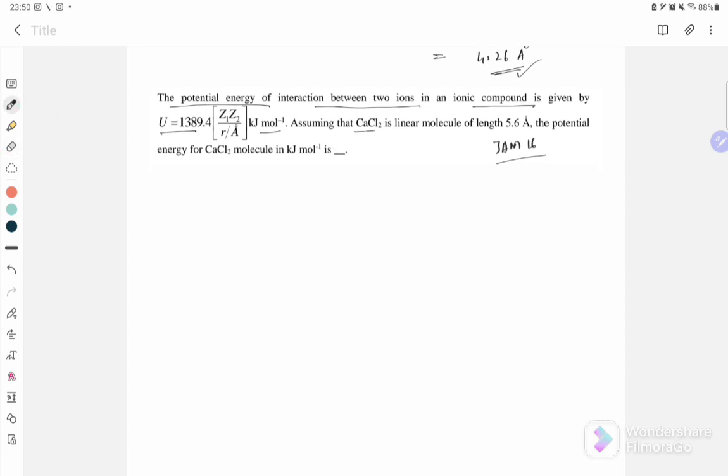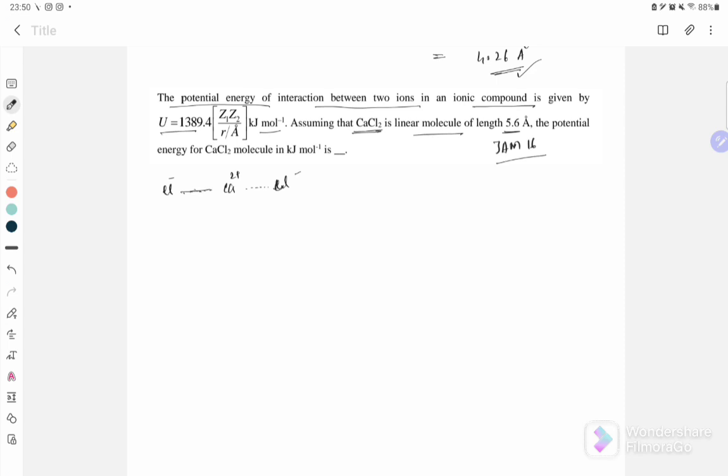So assuming that CaCl2 is a linear molecule, Cl minus, Ca2 plus, Cl minus, linear molecule of length 5.6 angstrom.